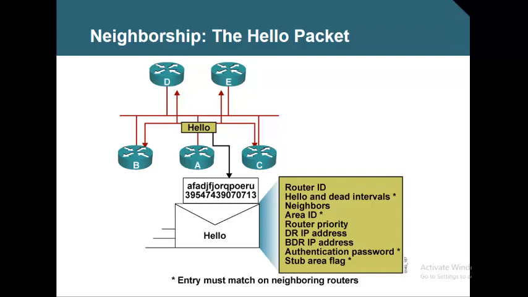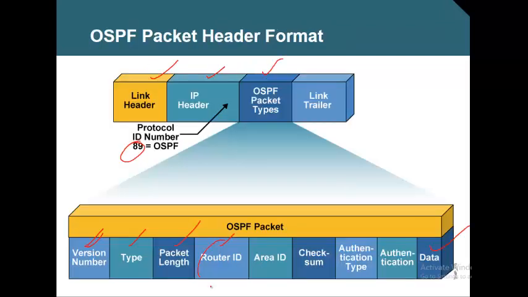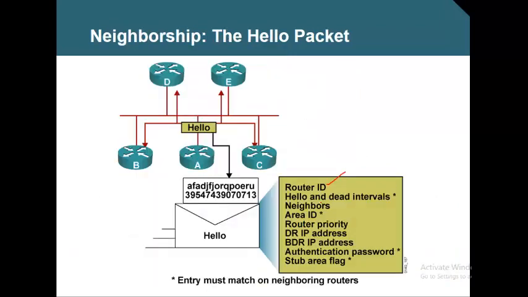And there are a few parameters that should match in order to form neighbor. Inside the hello packet, the parameter sent is router ID; we just saw router ID is also carried in the packet. Not only that, even the timers are shared in the hello packet. The timer must match with the neighbor.